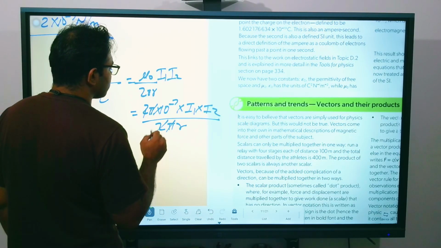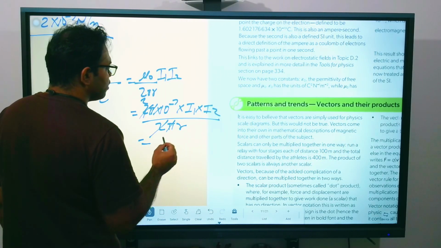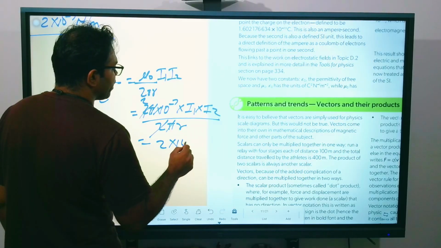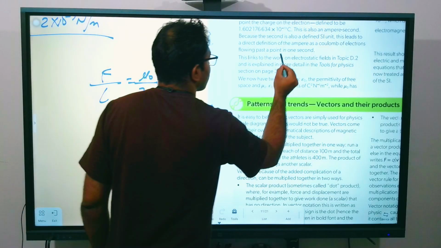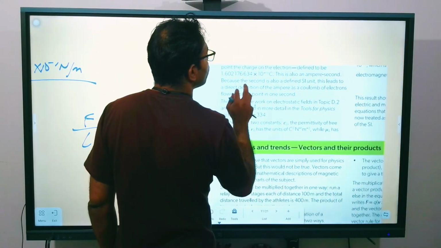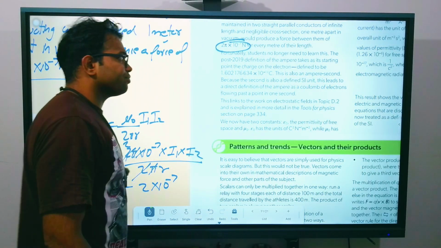This pi and pi get cut off. This 2 and 2 get cut off. I1 is 1, I2 is 1, r is 1. No, Akshay, it is 2 into 10 to the power minus 7 only. There is a printing mistake here. It is going to be 2 into 10 to the power minus 7 because the pi in the above and the below gets cut off.